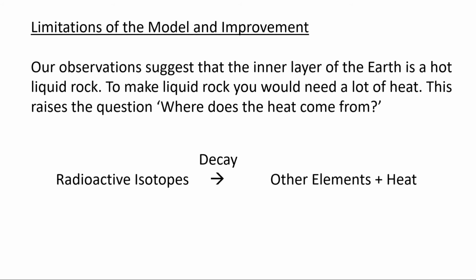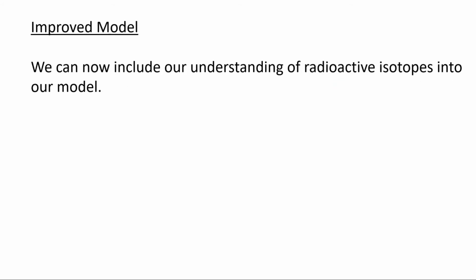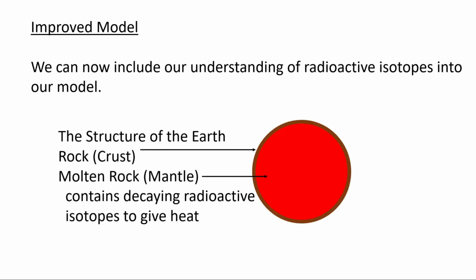So there must be radioactive isotopes to produce this heat to melt the rock. We can include that now into our model. So in the mantle, there are decaying radioactive isotopes to give heat.